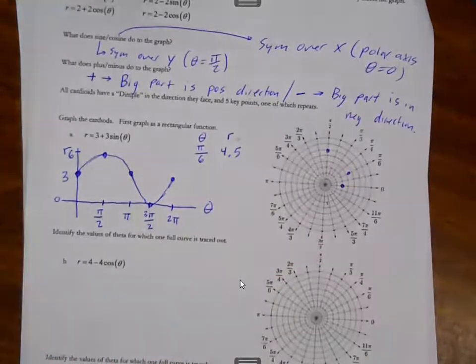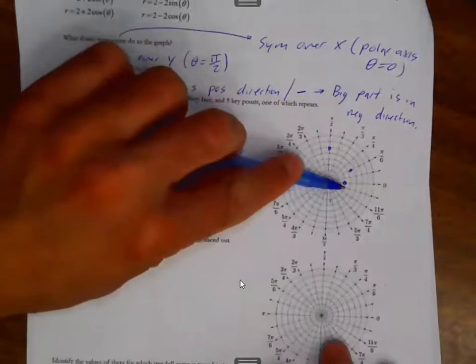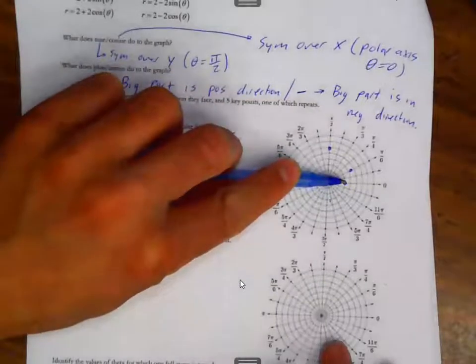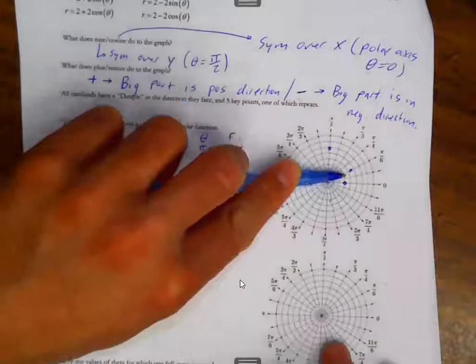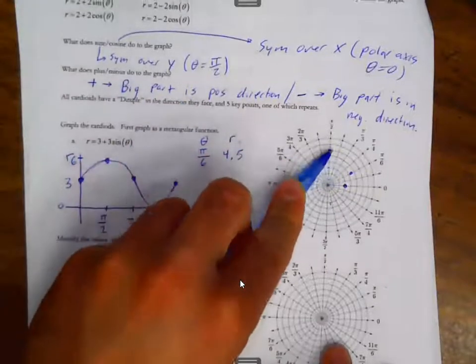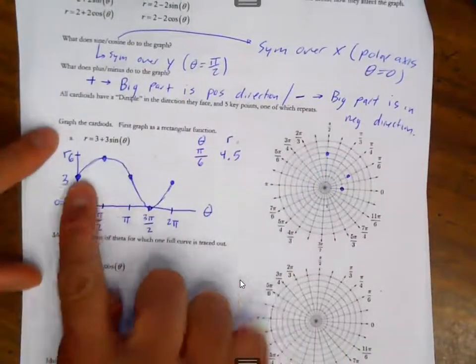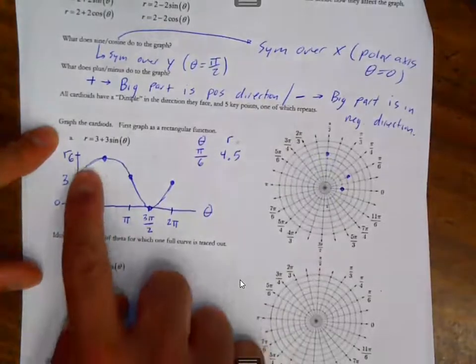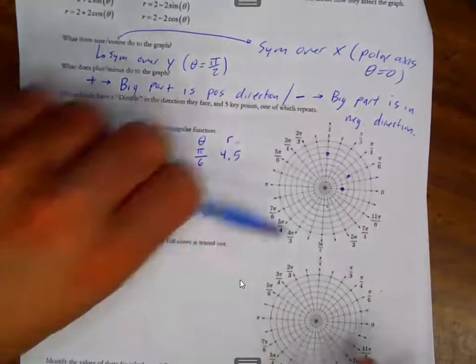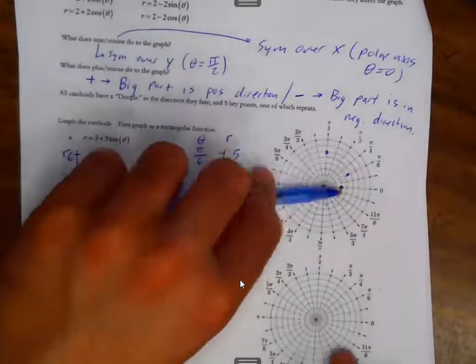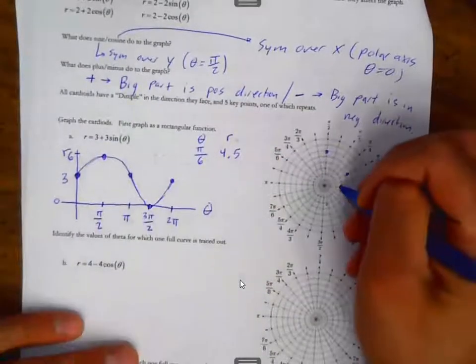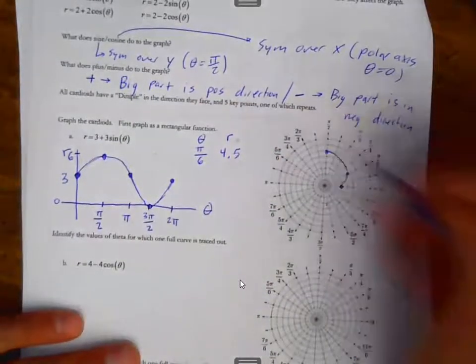All right, so now I want you to imagine that this angle, my pen is representing the angle as it's rotating from 0 to 90 degrees. Just like here, as it goes from 0 to 90 degrees, r is increasing. So as you rotate from 0 to 90 degrees, these points should be getting farther and farther away from the pole because r is increasing.